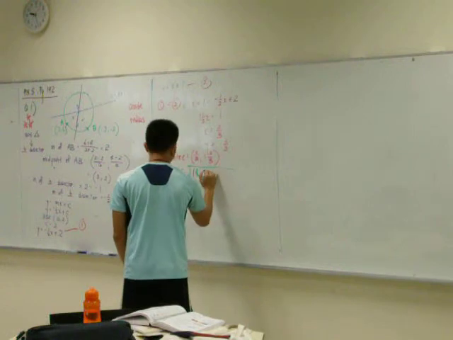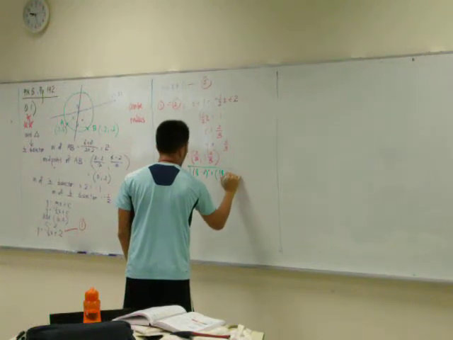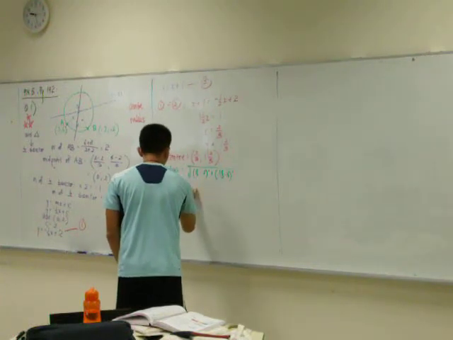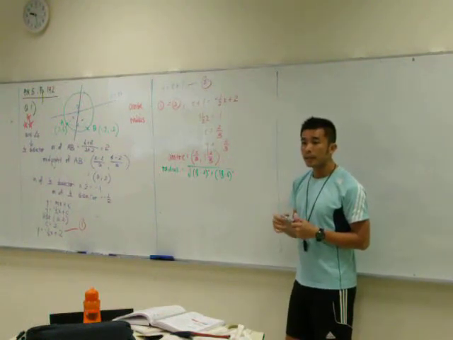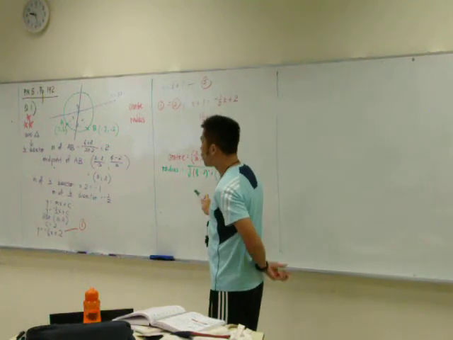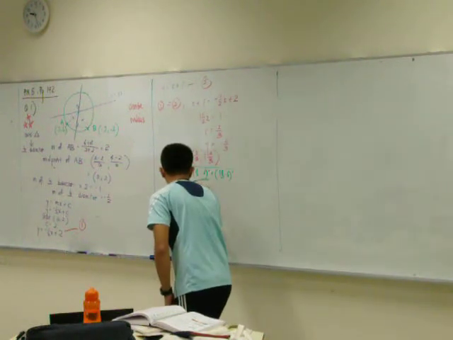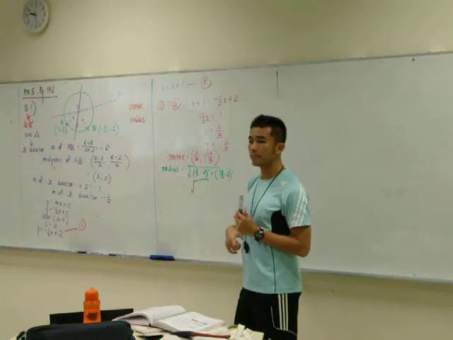I don't want to make a mistake. I believe this one you will have to use your calculator. After you use your calculator, can you tell me what is the answer here in terms of root term?